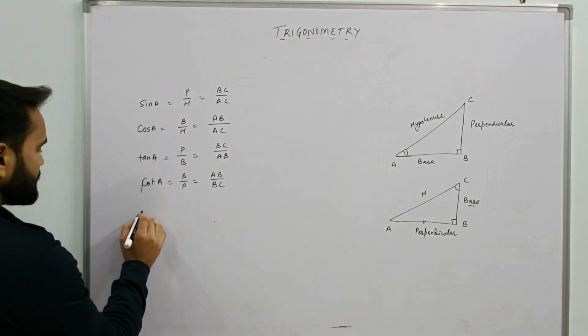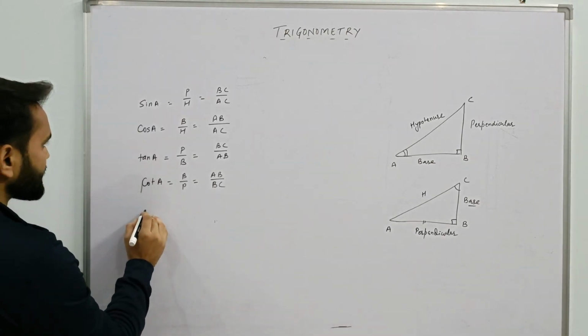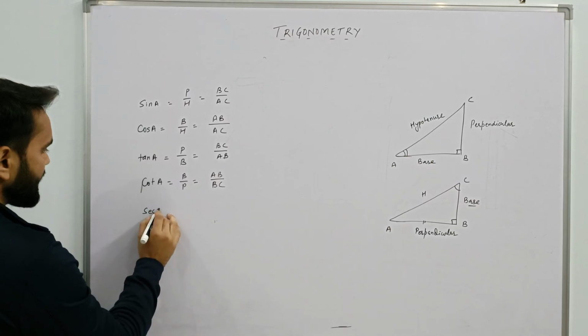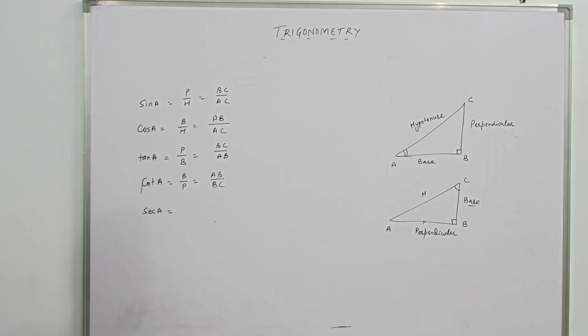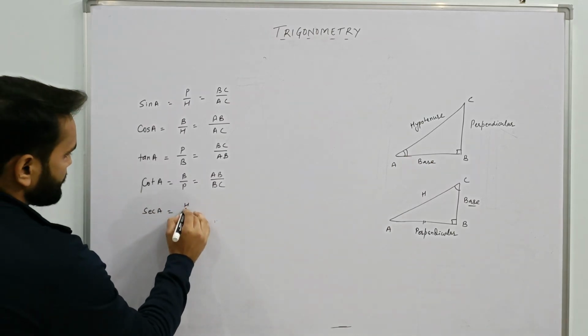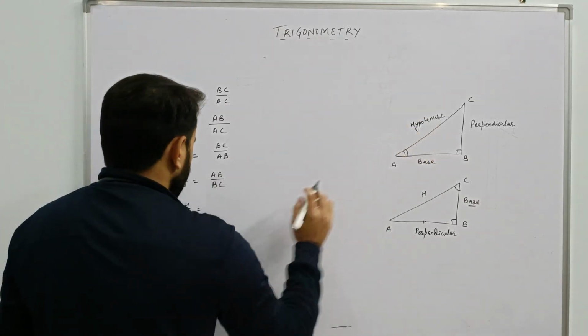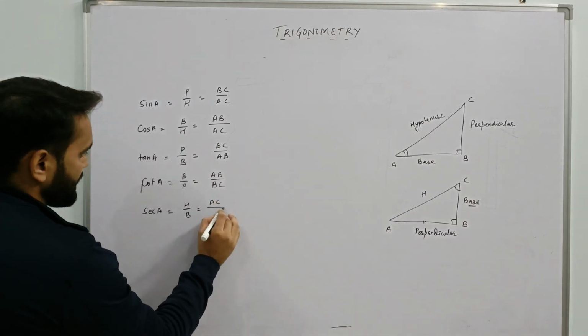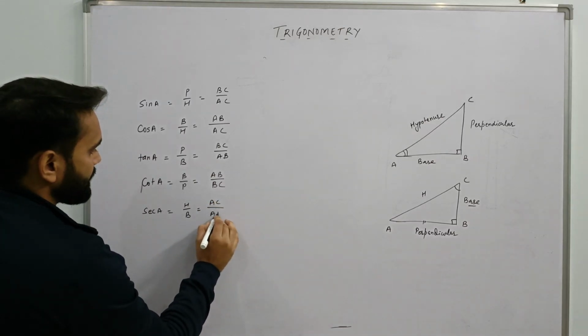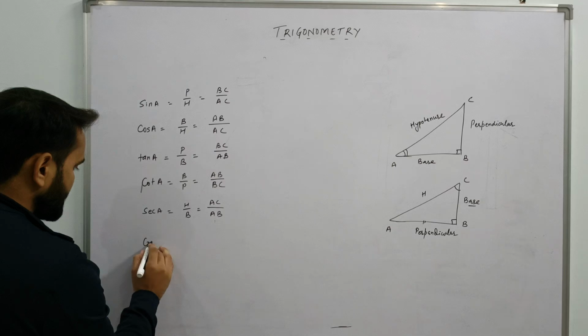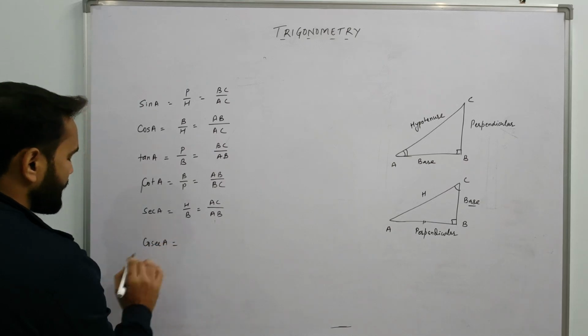Similarly, I can define another trigonometric ratio, that is sec A. Sec A is hypotenuse upon base. Here the hypotenuse is AC and the base is AB. And the last one is cosec A.